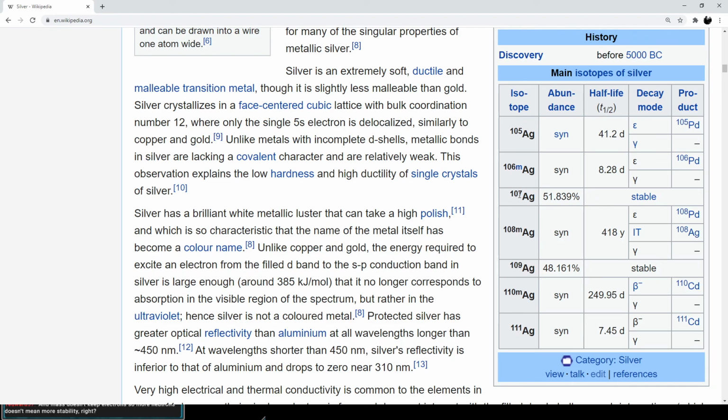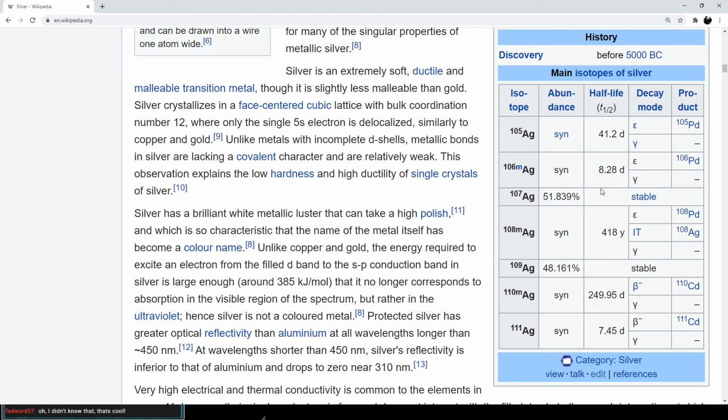We see that if it has a mass number of 107, it's stable. But if we take away 1 neutron, it breaks down pretty rapidly, within days. If we add 1 neutron, it lasts for 400 years. A little bit interesting. But adding 2 neutrons makes it stable again. And then adding more than that will mess it up.